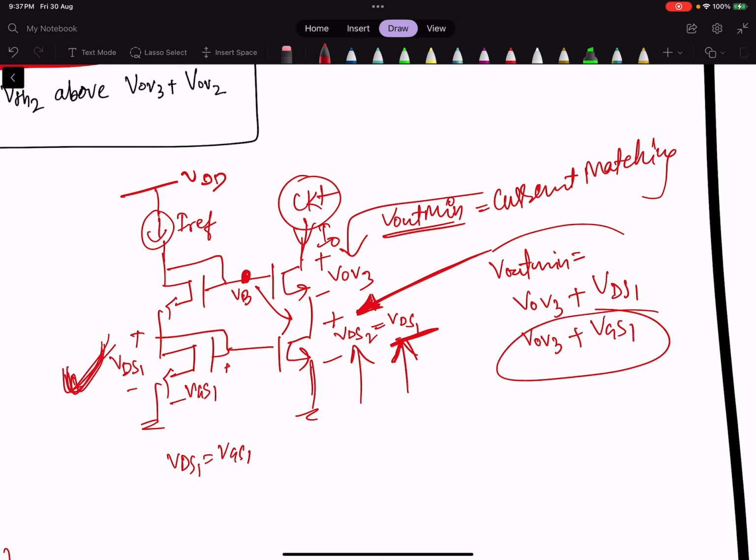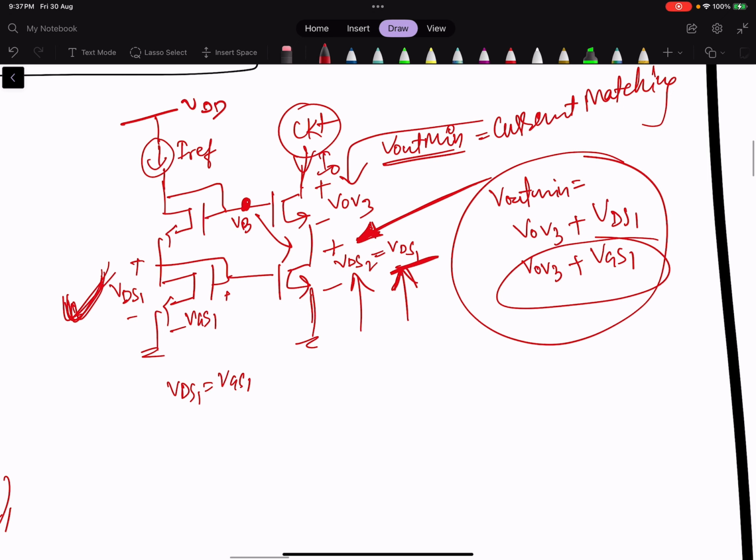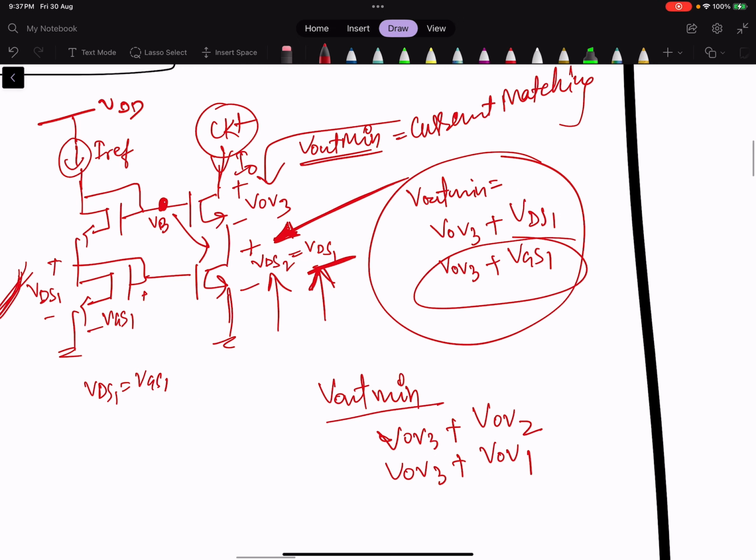This is one of the drawbacks: what should be the minimum value? If we design the circuit, the minimum value we desire should be VOV3 plus VOV2, or VOV3 plus VOV1, but here it is not the overdrive voltage, it is the gate-source voltage.